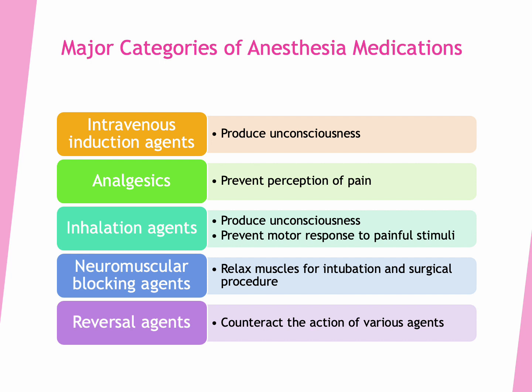Neuromuscular blocking agents are administered to relax muscles for intubation and the surgical procedure. And then reversal agents counteract the action of various agents administered during surgery. So next I'm going to talk about each of these in a bit more detail.